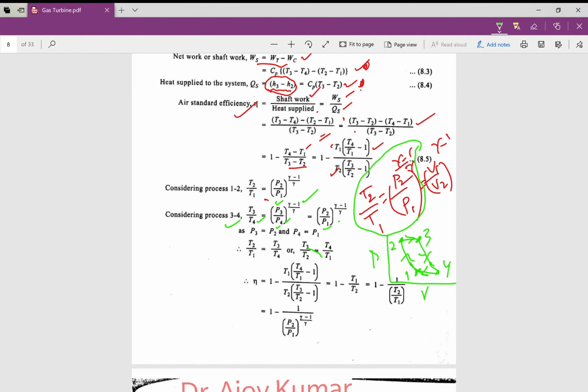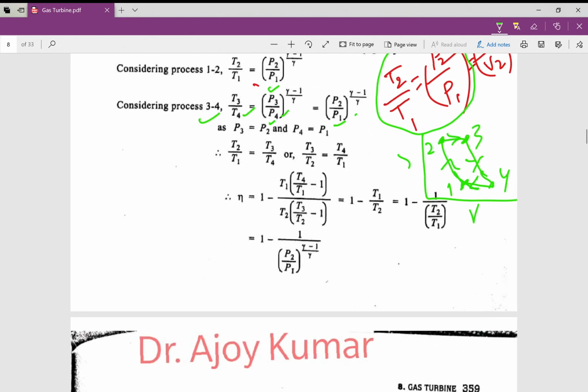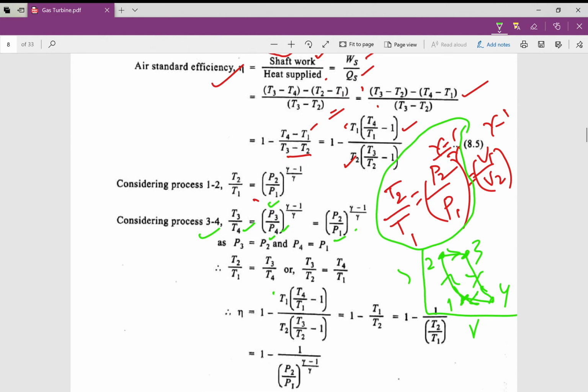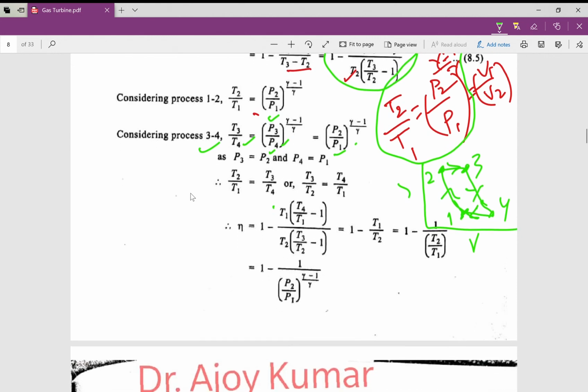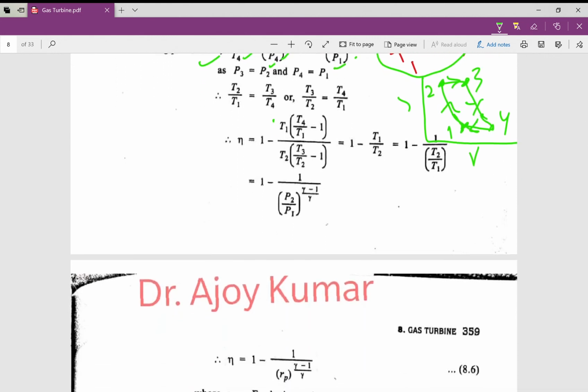Efficiency becomes 1 minus (T4 upon T1 minus 1) over the corresponding term, which has just been copied over here. This whole thing gets cancelled, and hence we can write 1 minus T1 upon T2.